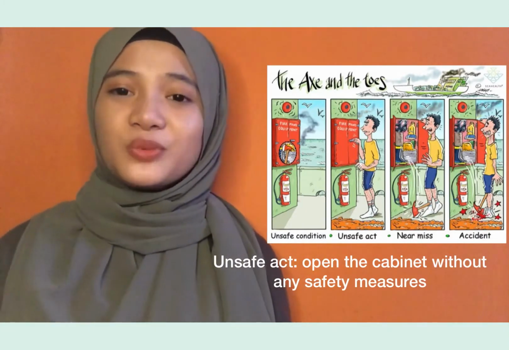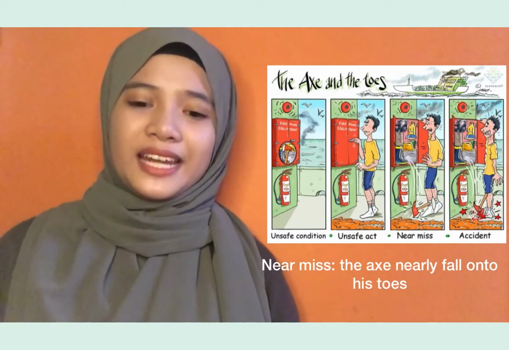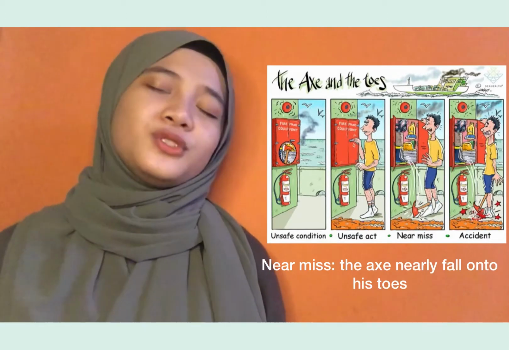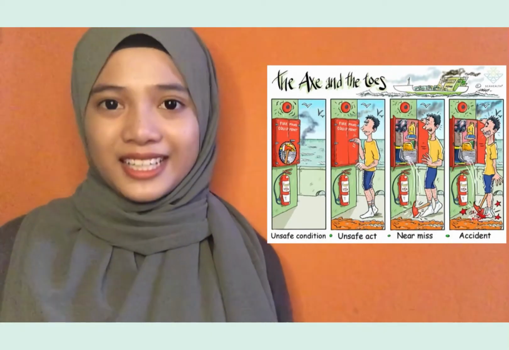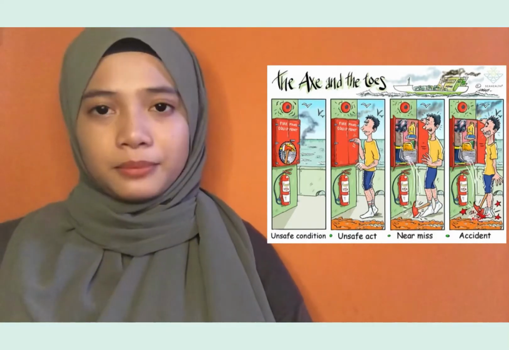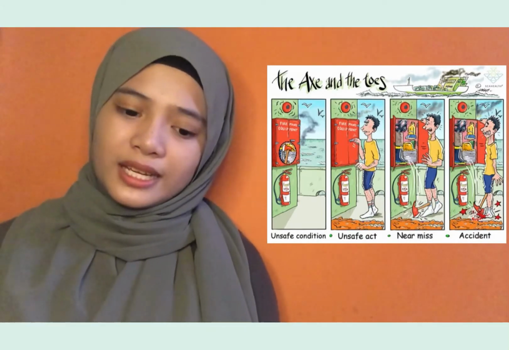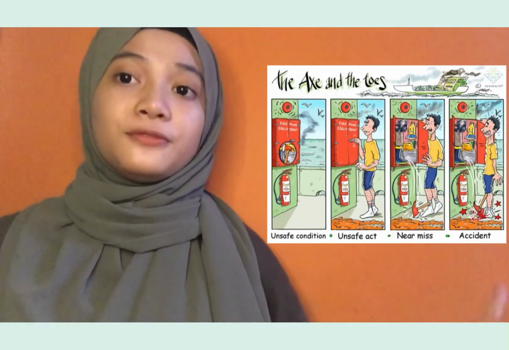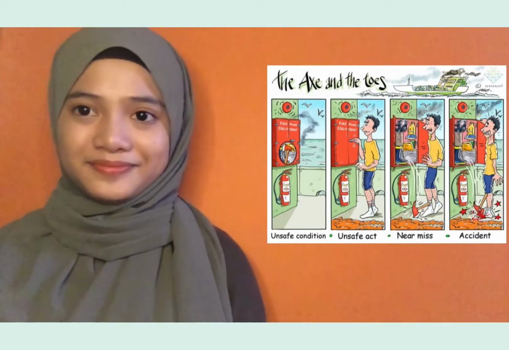Look, he's just wearing socks and no shoes at all. Near miss can happen where the X almost falls on his toes. But still, it's very frightening, isn't it? Not to mention if the accident really happened where the X really falls onto his toes and causes massive injuries that we don't even want to imagine.